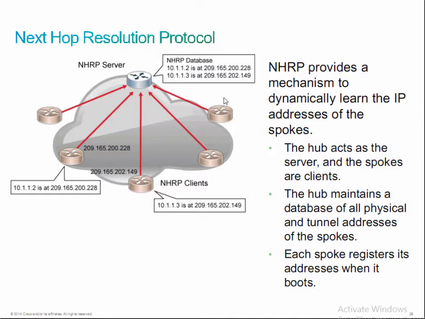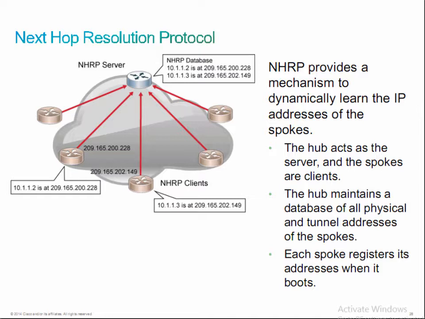Based on RFC 2332, which defined NHRP, we have a host or a router that wants to communicate over this network. It needs to determine the IP address that defines the next hop towards the destination. That's what NHRP does for us.